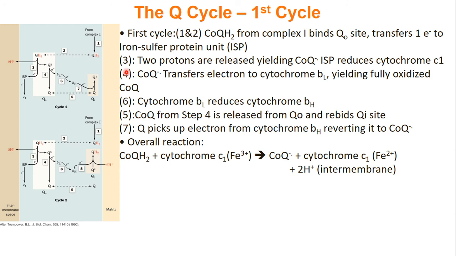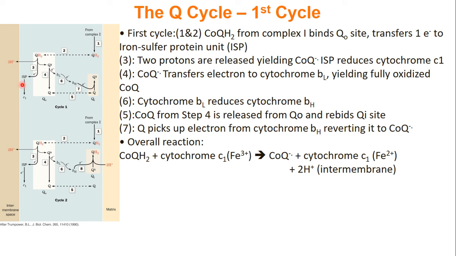Now let's look at this cycle, and we're going to start by looking at the top picture here. So the first thing that happens is that coenzyme Q with 2 hydrogens coming from complex 1 will bind our QO site right here. There we transfer 1 electron to an iron sulfur protein unit.